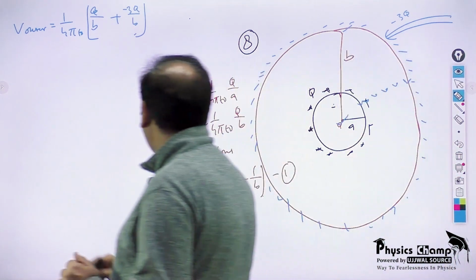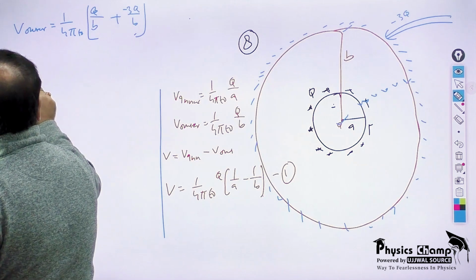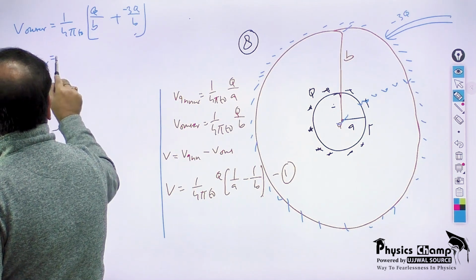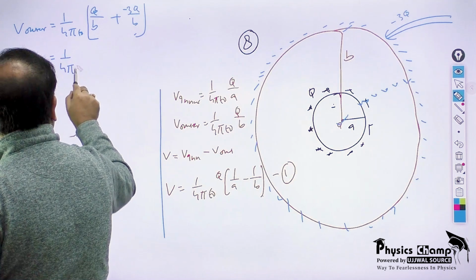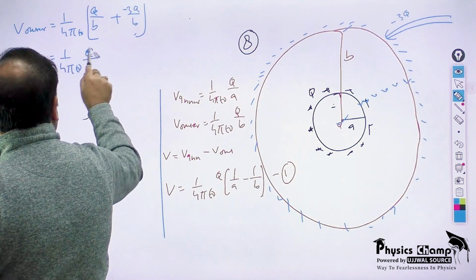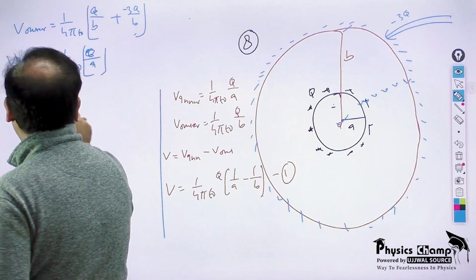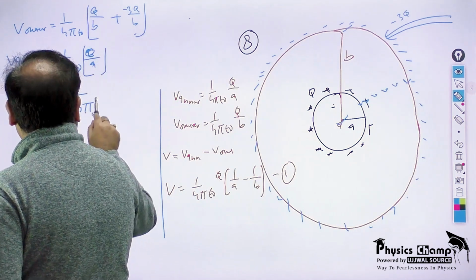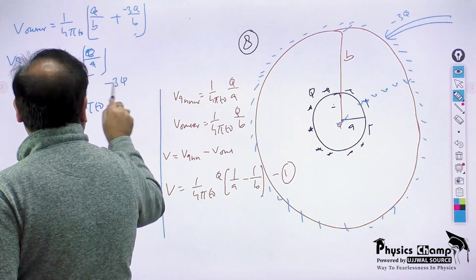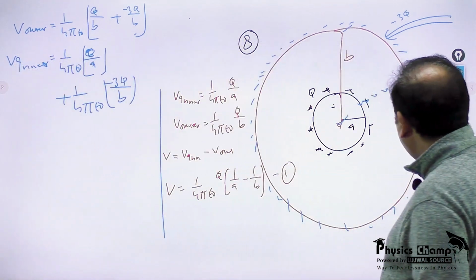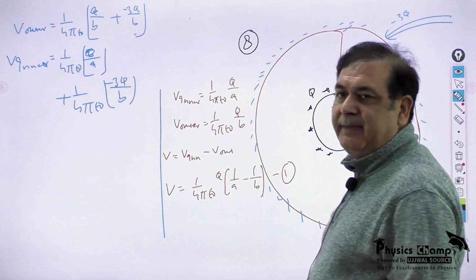So if I now say, what is the potential going to be on the inner shell now? The inner shell will be 1 by 4 pi epsilon naught capital Q by A, which was already existing, plus 1 by 4 pi epsilon naught minus 3Q by B, which has entered on the surface, as it comes inward.